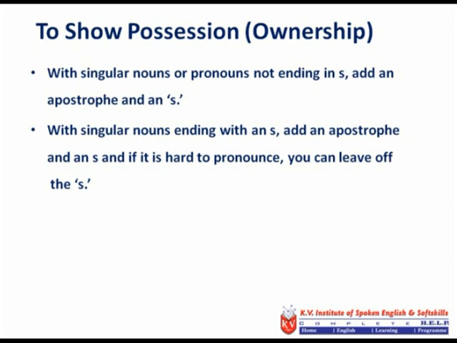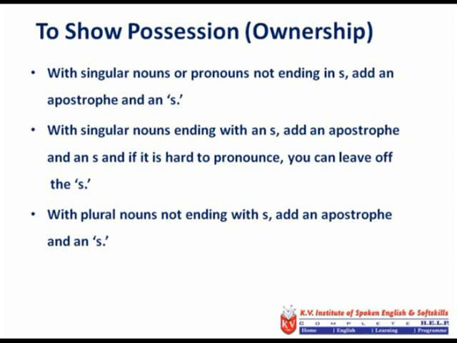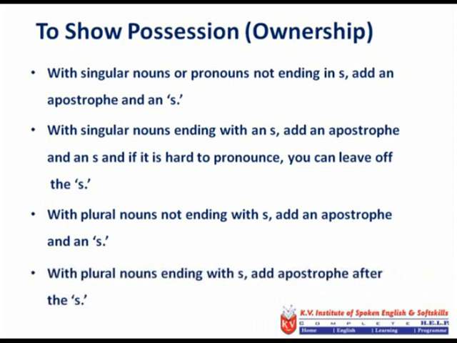Words like Roberts, Robertses. With plural nouns not ending with s, add an apostrophe and an s. People, people's. Woman, women's. With plural nouns ending with s, add an apostrophe after the s.